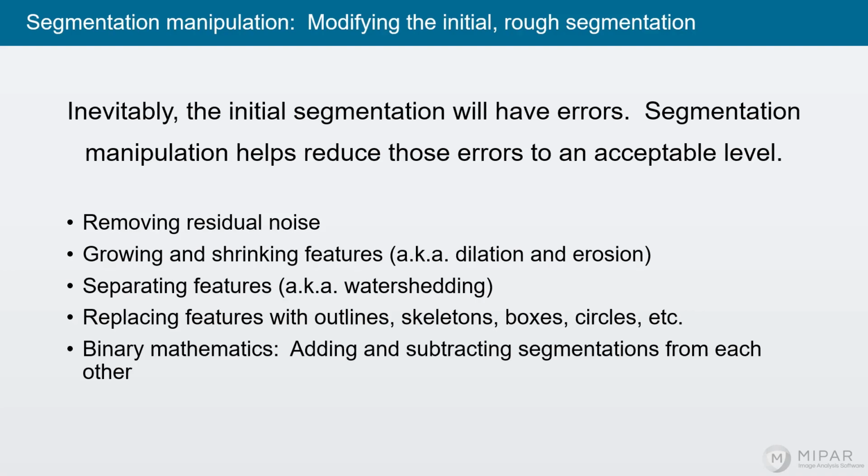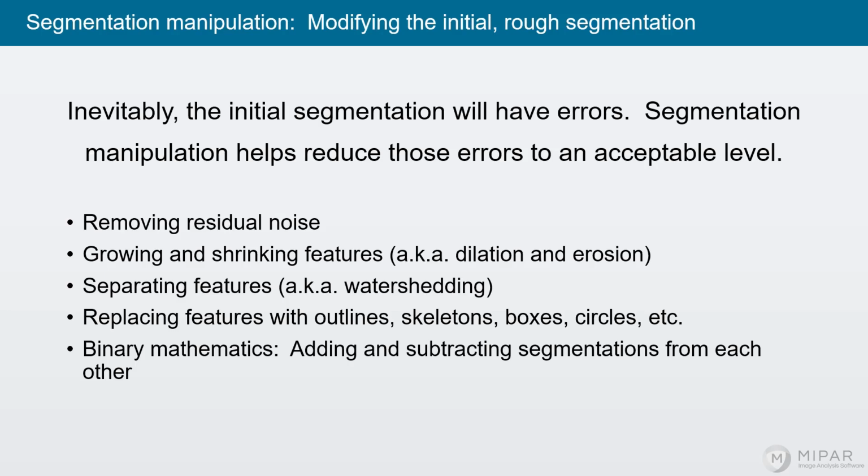You can even do some manipulations, replacing features with their major or minor axis, replacing them with perfect circles, replacing them with boxes, all in the process of the manipulation steps. And you'll see an example of me doing that kind of manipulation here in just a second, and the power that you can get out of those kinds of replacements.